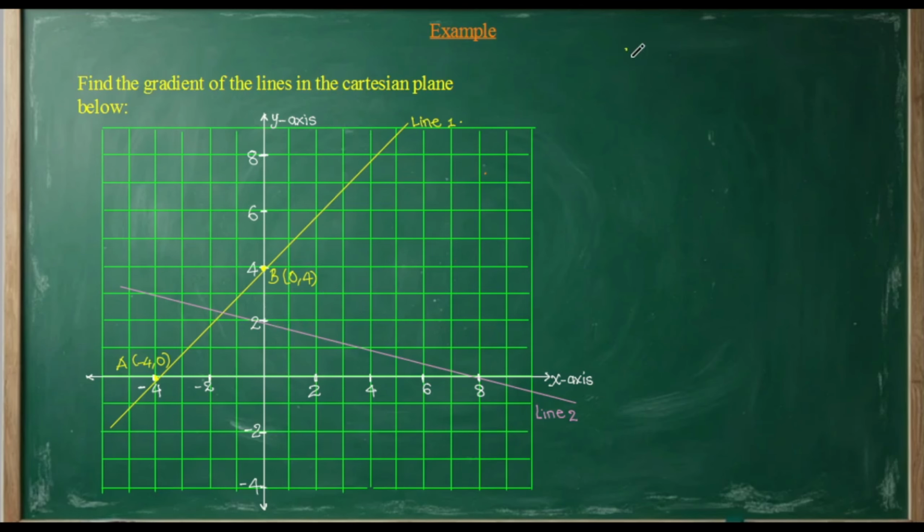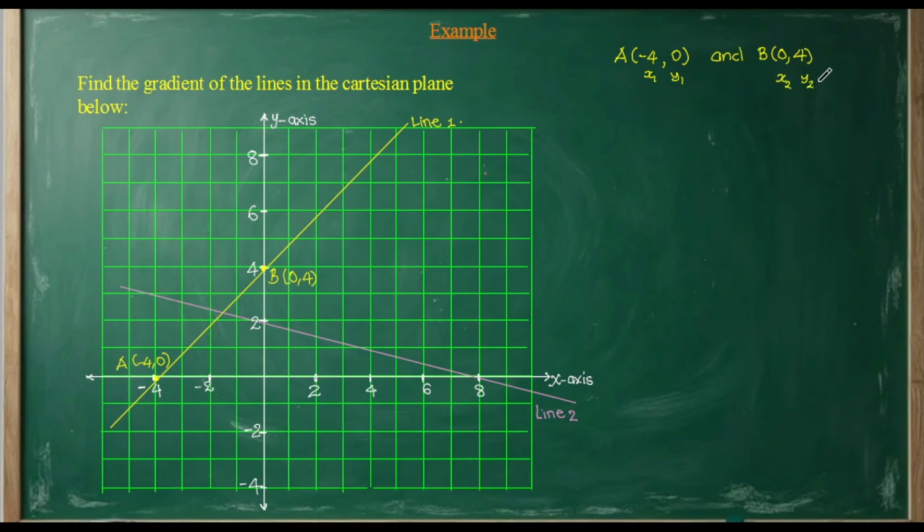Now we can name these points: point A has -4 representing x1, and then 0 will represent y1, and we go to B, 0 and 4. So 0 is representing x2, meanwhile 4 is representing y2.